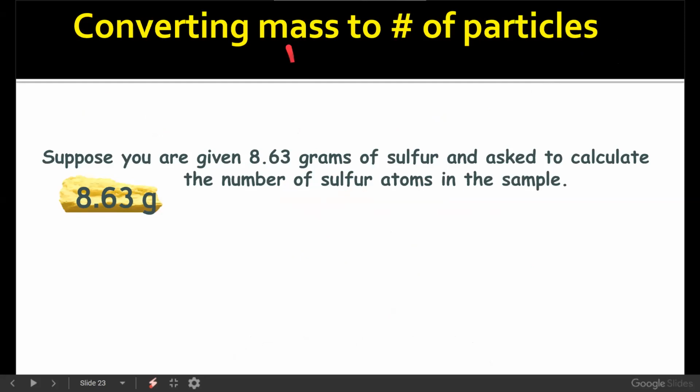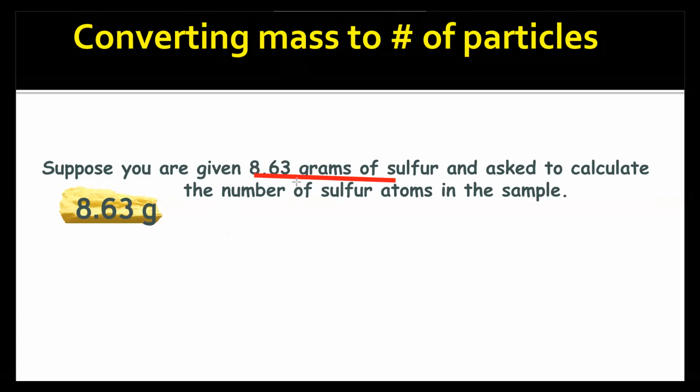The first thing we need to do is figure out our givens. We're given 8.63 grams of sulfur, and what we want to find is the number of sulfur atoms. So I'm going to draw my dimensional analysis table here.